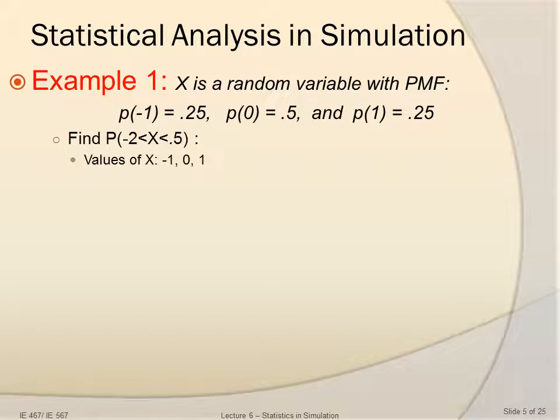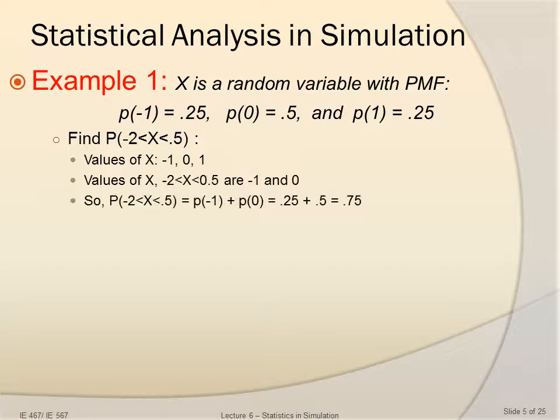To find the probability that x is between -2 and 0.5, we need to notice what the values of x are. The x takes three values, -1, 0, and 1. Now, let's look at values of x that are strictly more than -2 and strictly less than 0.5.